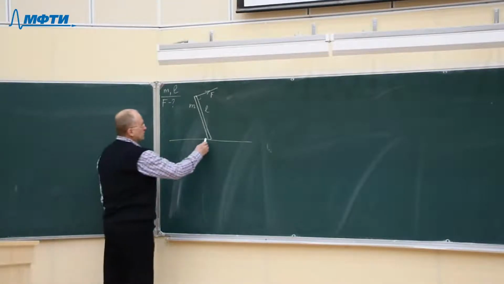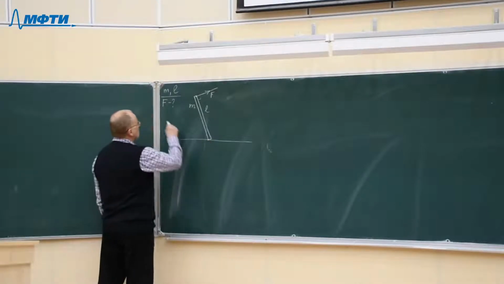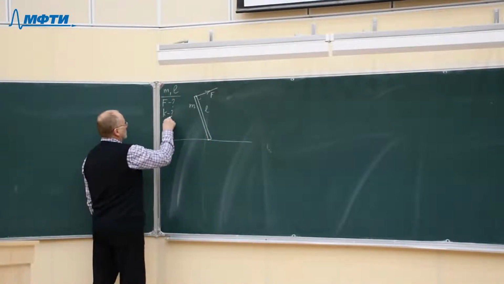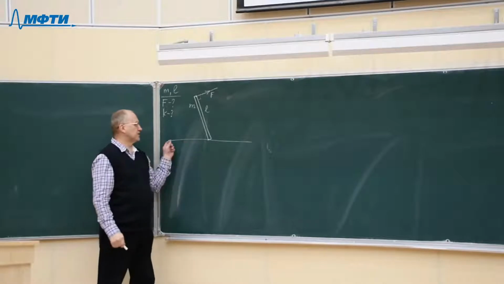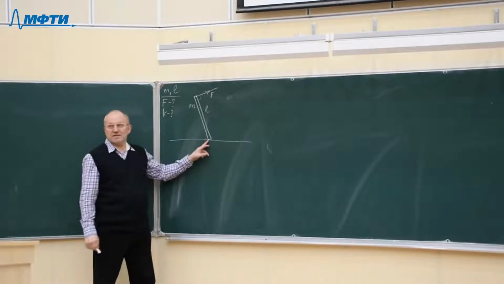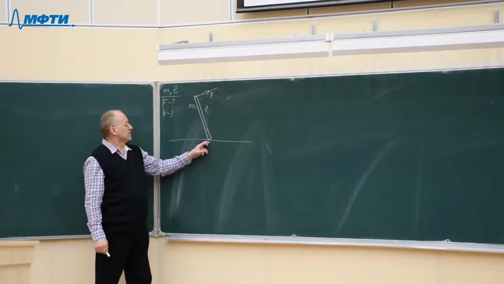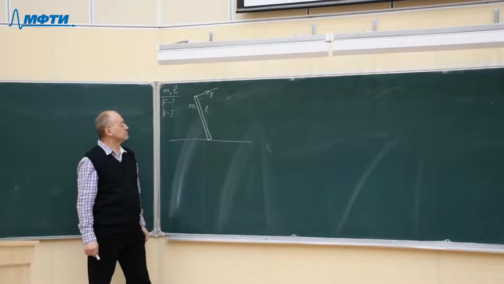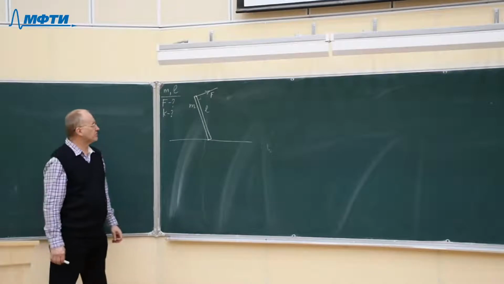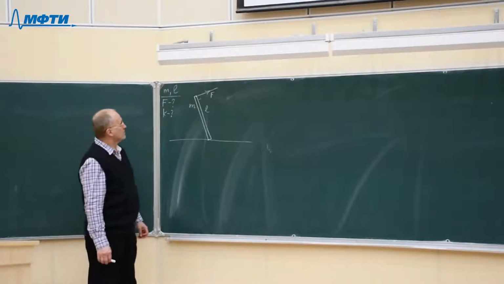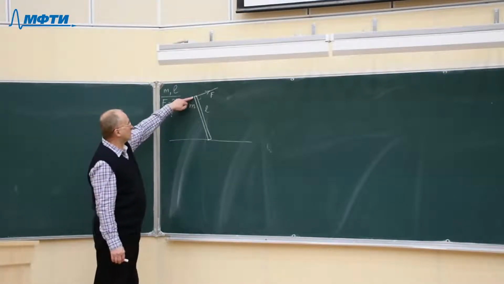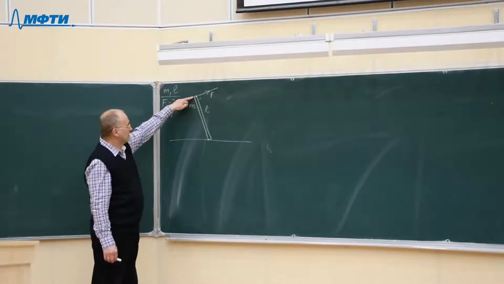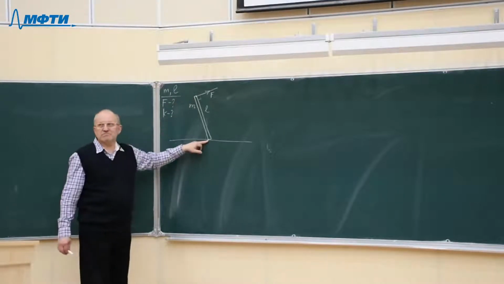And also we need to find the coefficient of friction which will allow the bar to remain in static equilibrium, in stable condition. We have to find the force applied to the upper end at the right angle and the coefficient of friction on the rough surface.